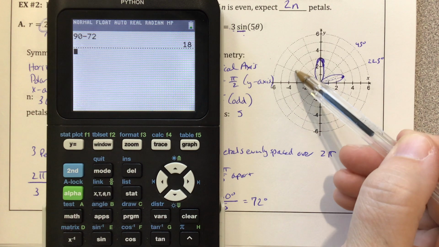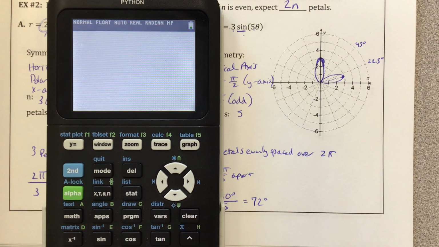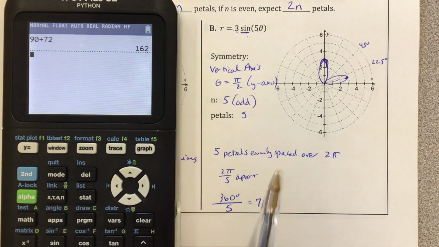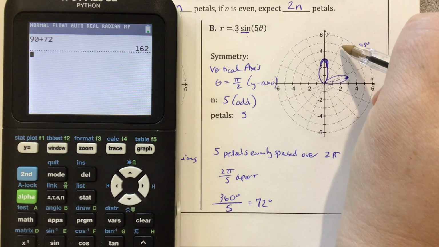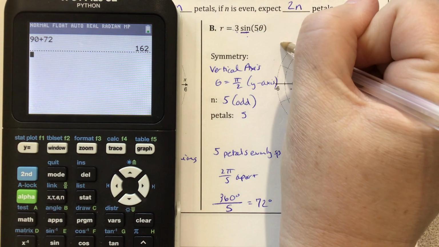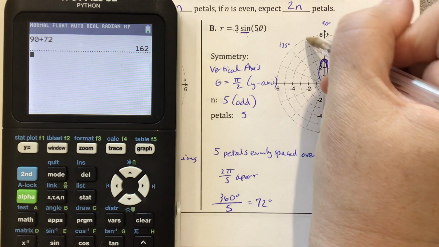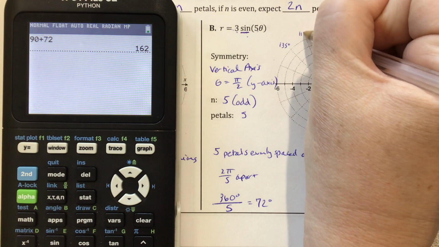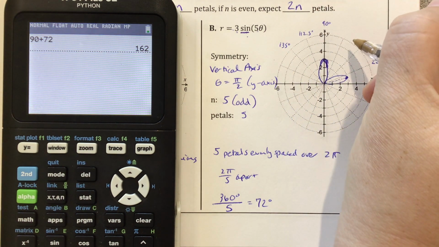Let's think about where I am going this direction from the first petal. So I'm going to start at 90 degrees and add 72 degrees to get to the next petal. I'm at 162 degrees. So let's see. This is 90 degrees. This is 135 degrees. This is right in between them, 112.5 degrees.